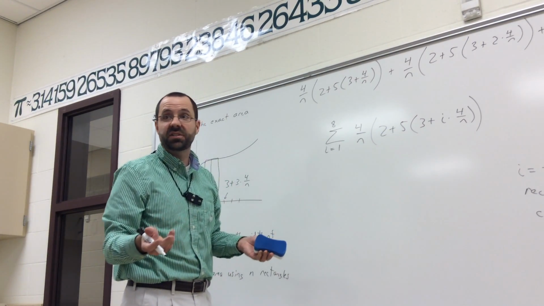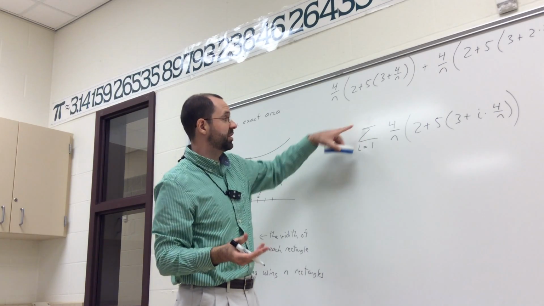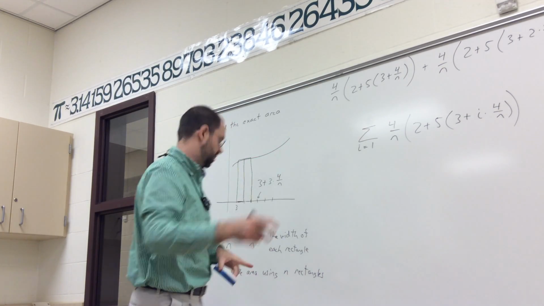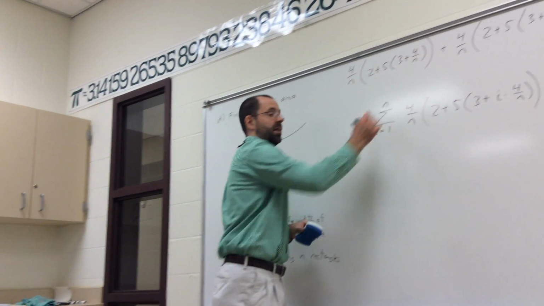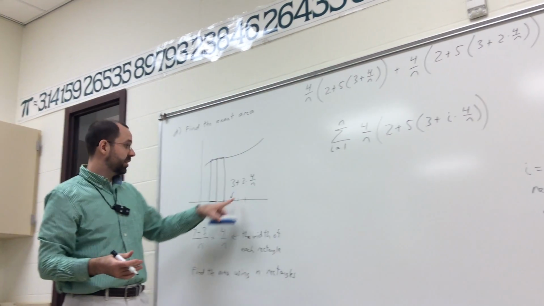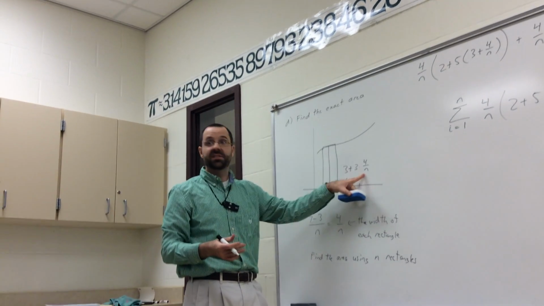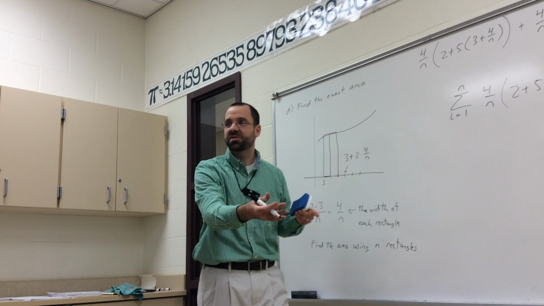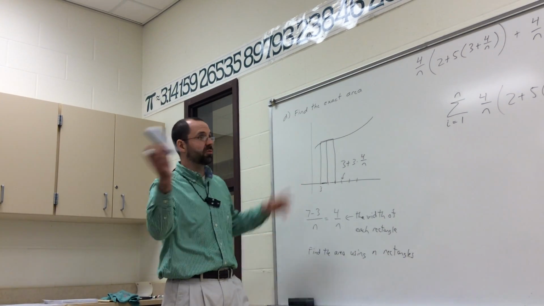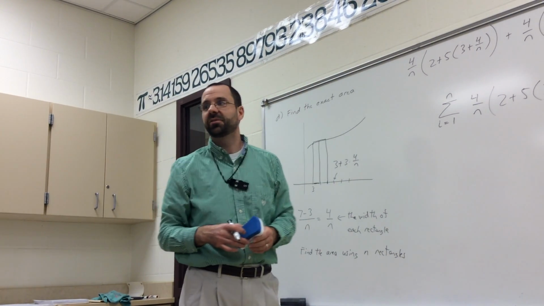But if I'm doing 16 rectangles, then I would stop at 16. So since I'm doing n rectangles, I'm going to stop at n. And then, like Dan pointed out, that's going to be nice because then this will end up being 7, which is where I'm supposed to stop, right? Because I'm finding the area from 3 to 7. It says somewhere on the board, right?